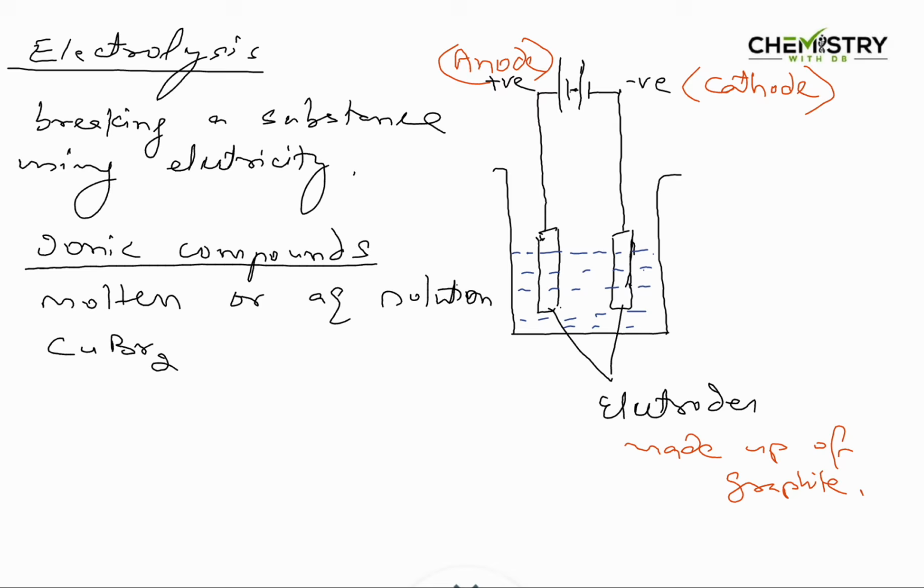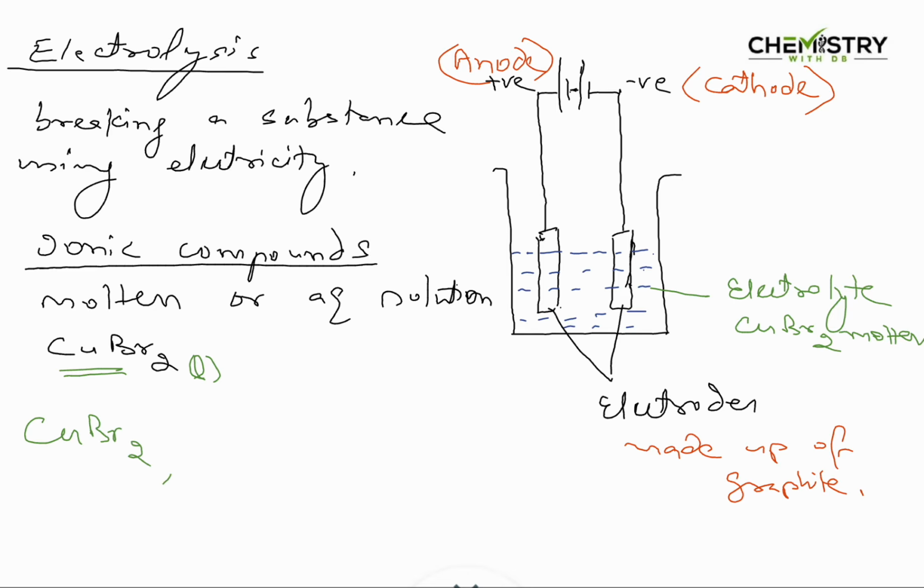The substance which has to be broken, for example copper bromide liquid here, because it is molten, is going to form the electrolyte, because this is the substance which is going to be broken down. So the electrolyte is molten copper bromide.